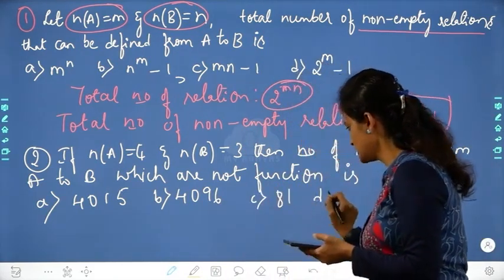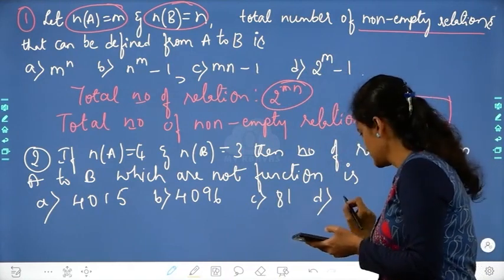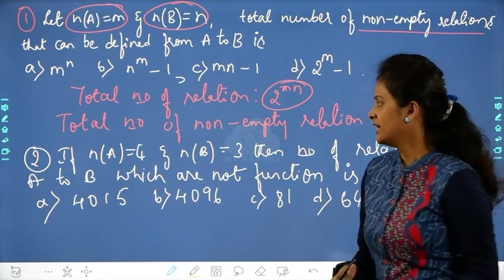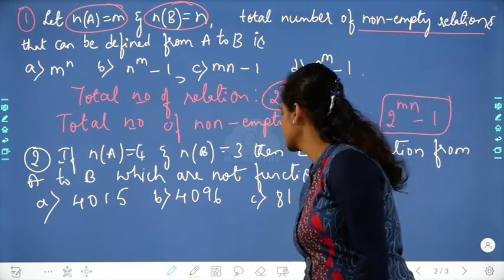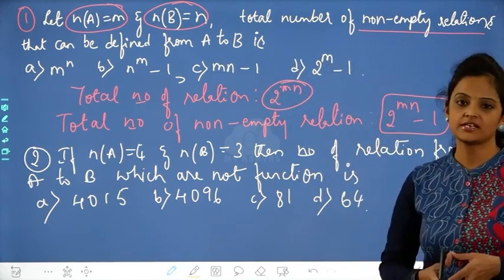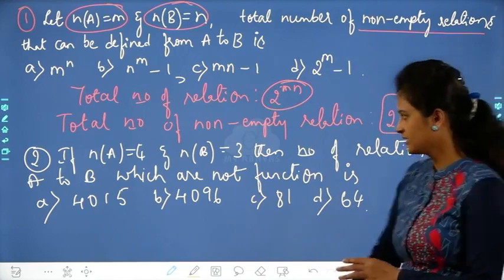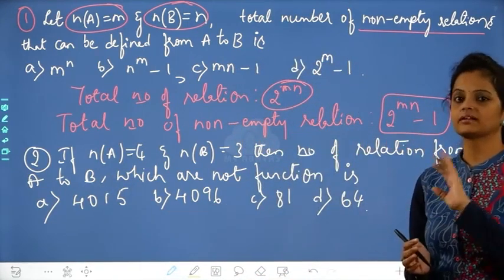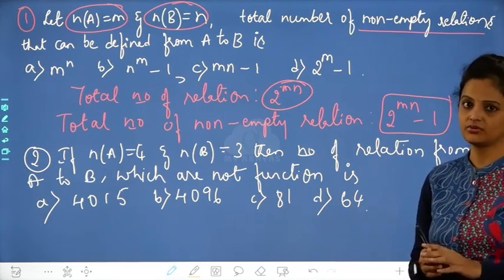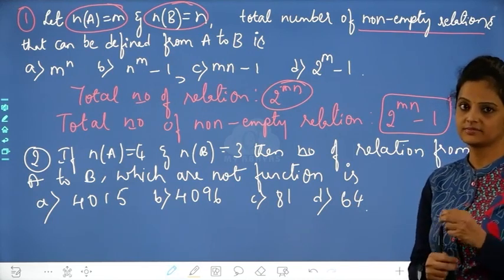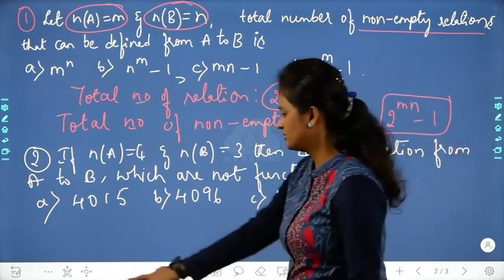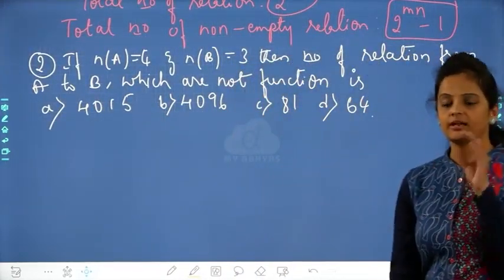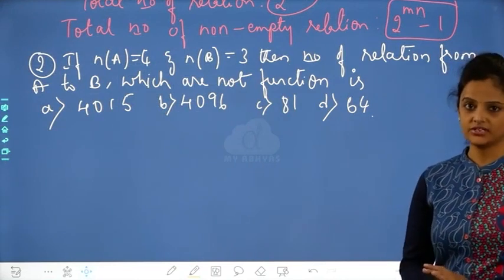How many of you got the answer? 64. Yeah. n of A is 4, n of B is 3. Then the number of relations from set A to set B which are not functions. It has to be only relations that you have to take. So what do you do in this? Think of getting the total number of relations.